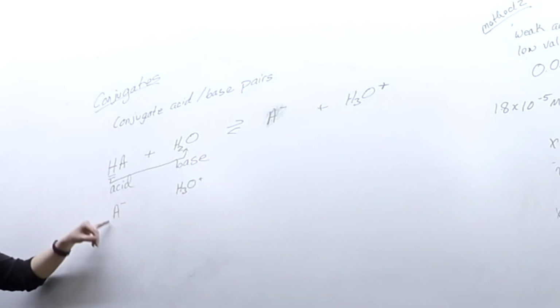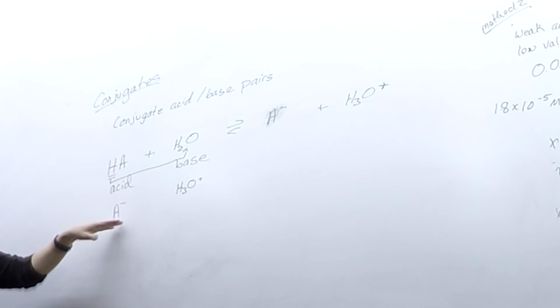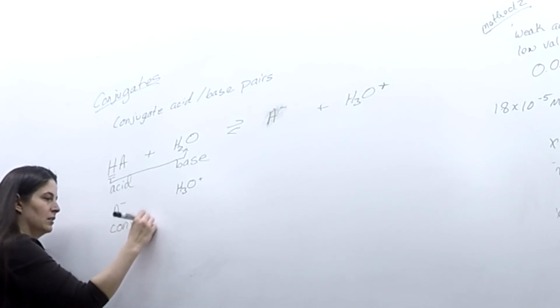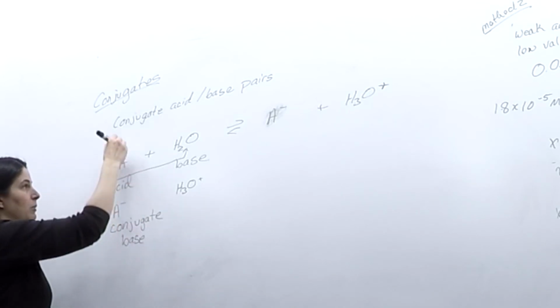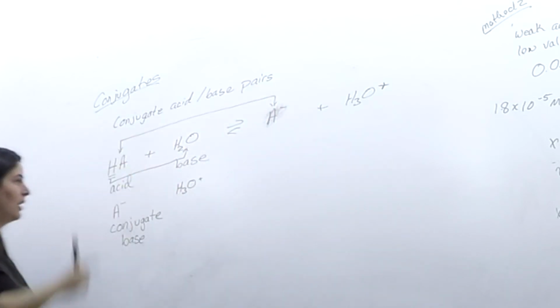These are the pairs. This is an acid, so the leftover at the end of the reaction that's left of the acid is called a conjugate base. So that would be this acid, conjugate base pair.